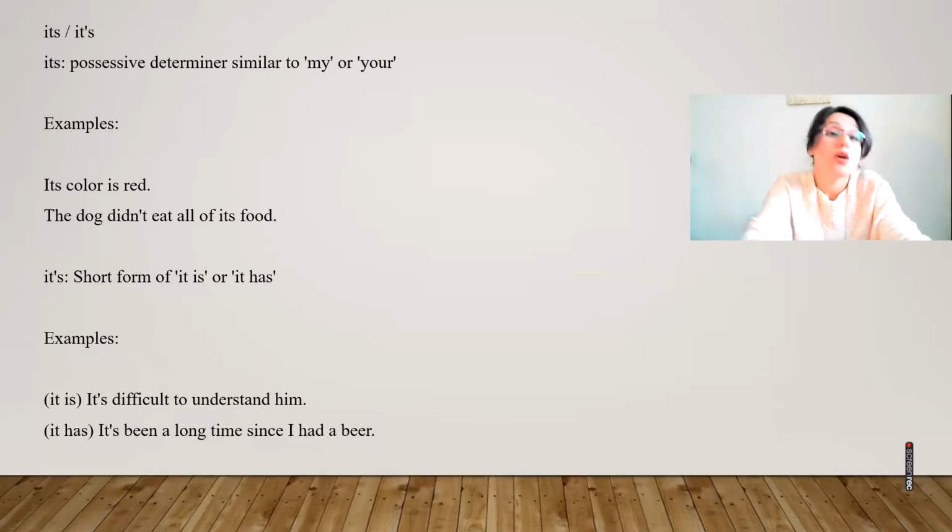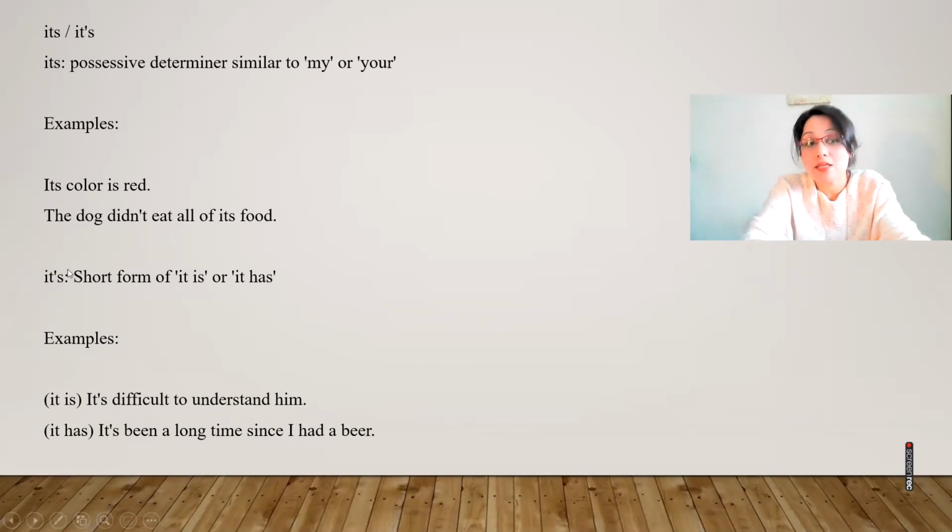So when you're talking about possessive, then its color is red. And the dog didn't eat all of its food. Again, this its is the possessive for the dog. Okay, so that's what we're talking about. Without an apostrophe, it means that it is the possessive. All right, so the dog didn't eat all of its food. So this its is talking about the dog.